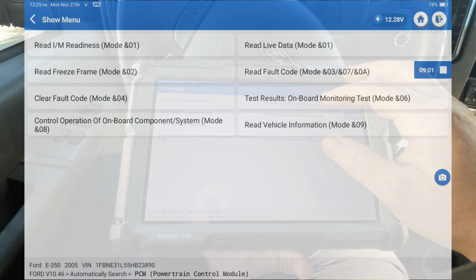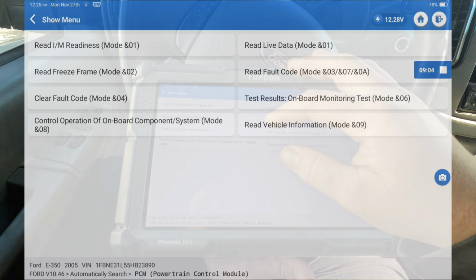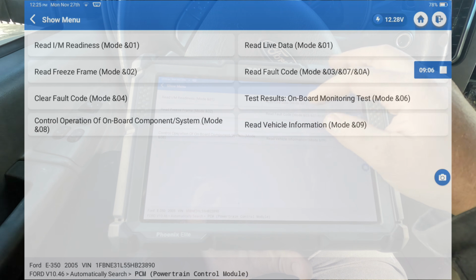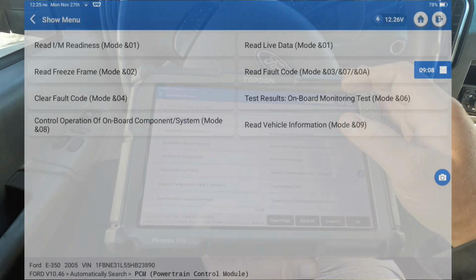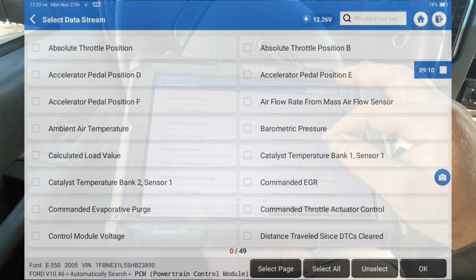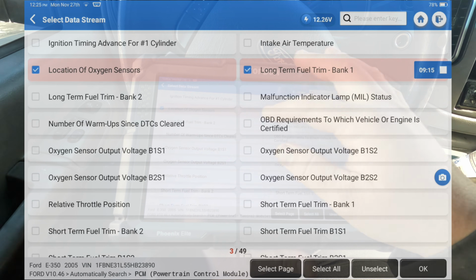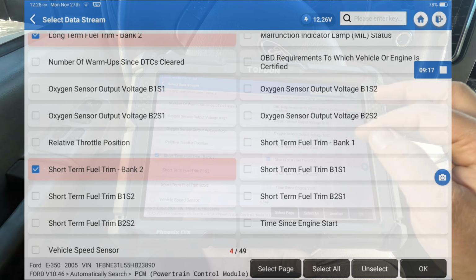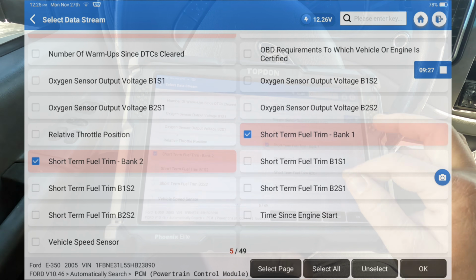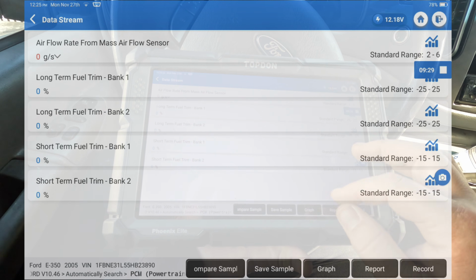Yeah, just putting us into OBD. Read data stream. Where is it? Live data. Okay, let's get long term and short term. It should be enough for now.